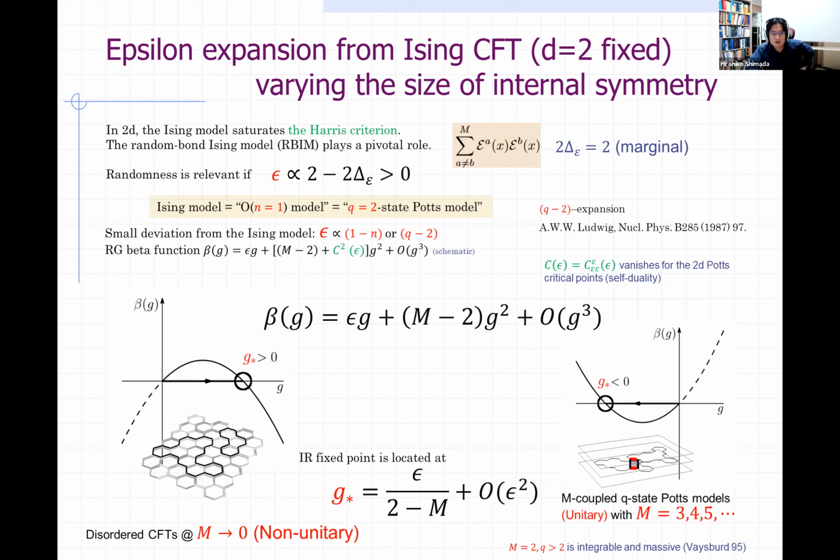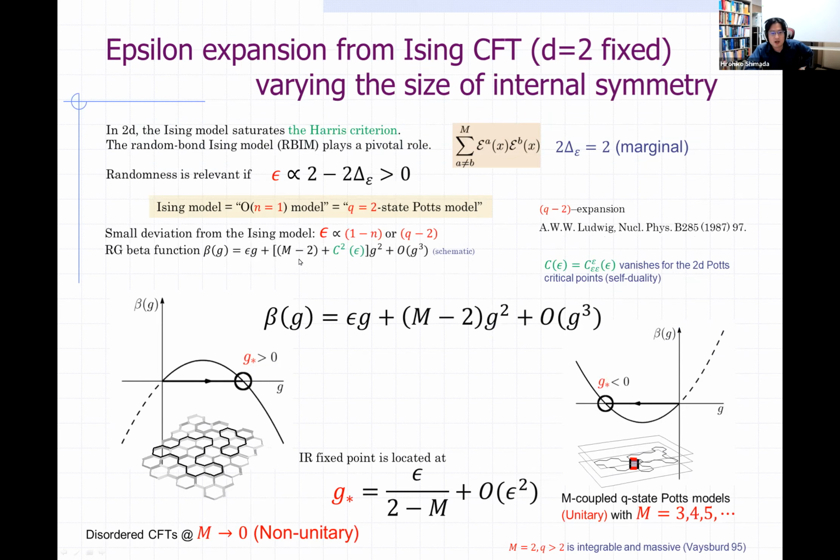This idea was introduced, I think, by Ludwig in this paper, where the Q minus 2 expansion is introduced. The schematic beta function takes this form at one-loop order. It starts with the linear term epsilon g, and the coefficient of g squared is given by M minus 2.